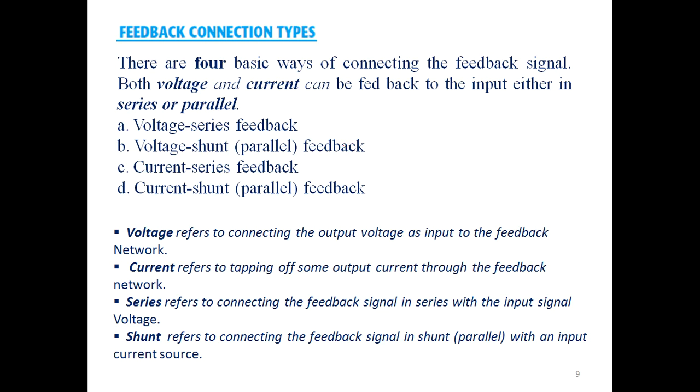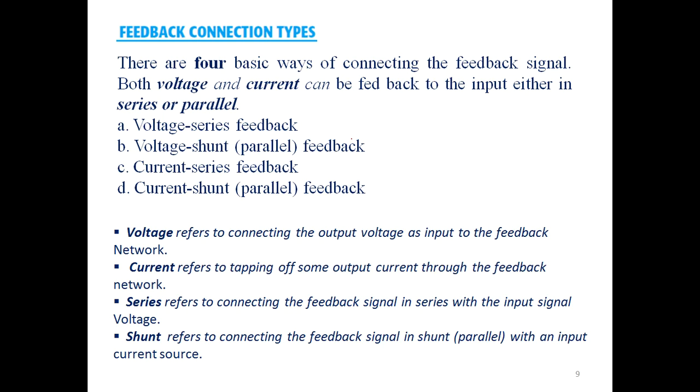All right. So today we will be focusing on the different feedback connection types. Basically there are 4 feedback connection types. What do we mean by feedback connection types? That means the way we connect the feedback signal to our original input signal, which can be done in 4 ways.